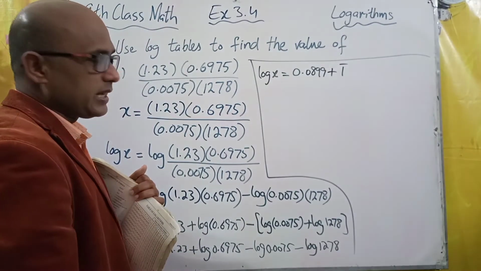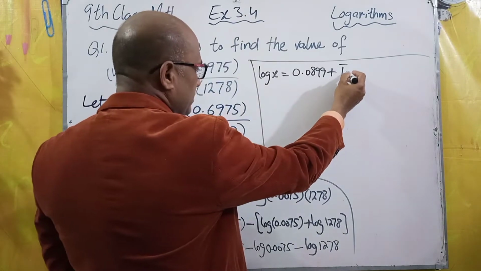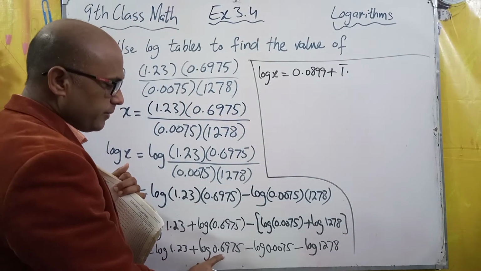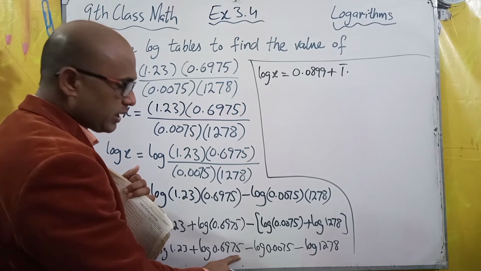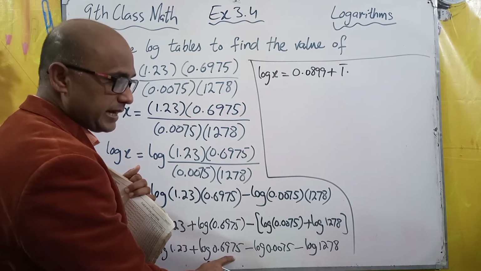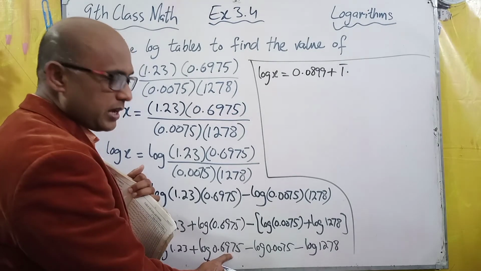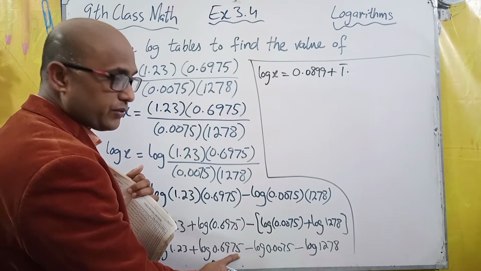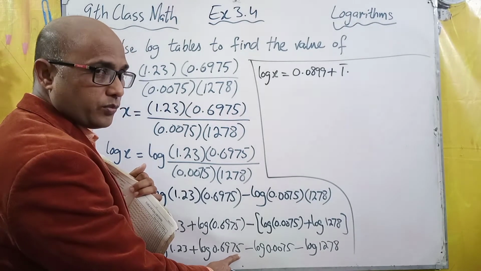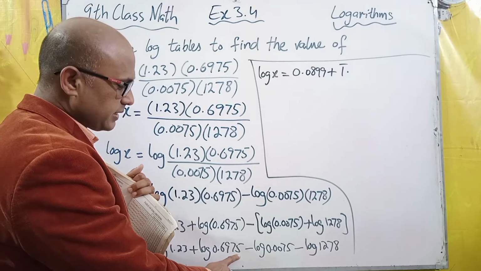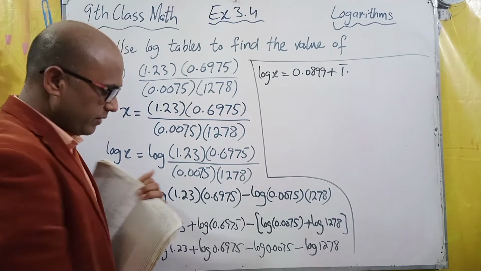Students, its characteristic is -1, and point. After the point, now there are non-zero numbers. So we have 4 numbers after the decimal. So we'll check 69 in 7, and there is a difference of 5. The fourth number gives us the difference.